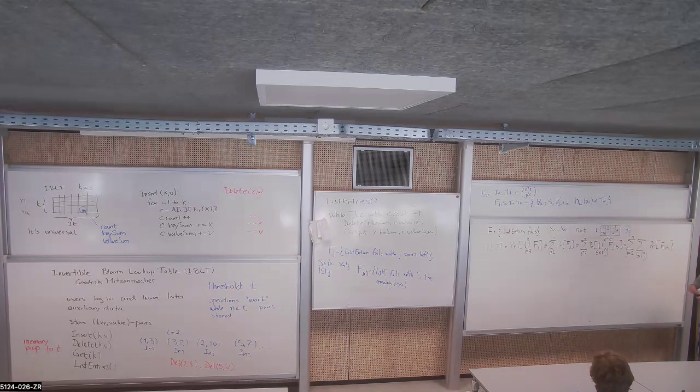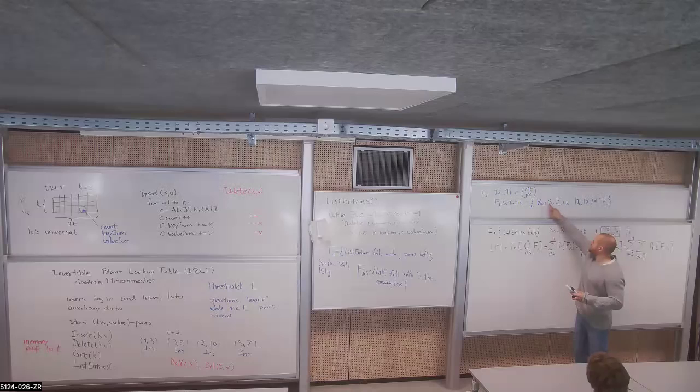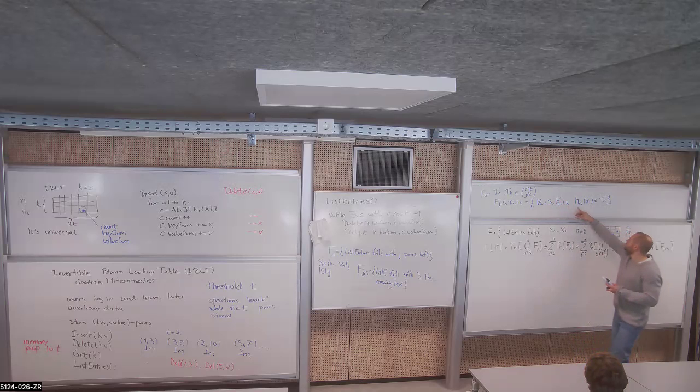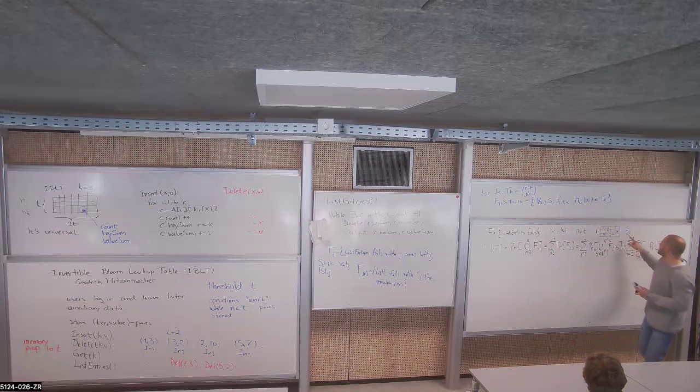And then I'm saying that for all the keys that I couldn't peel, for all the rows, my hash value is contained in this set of indices that I picked.